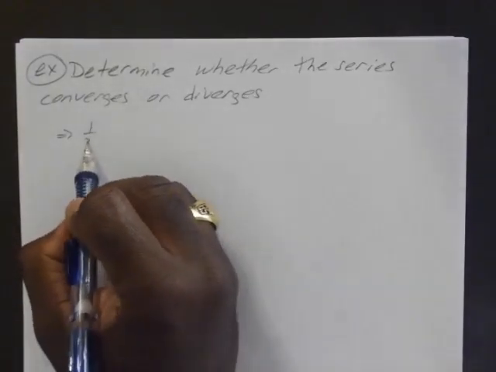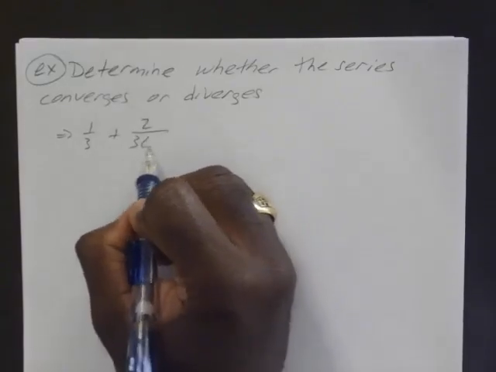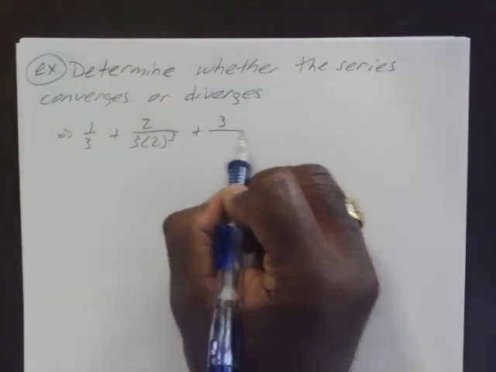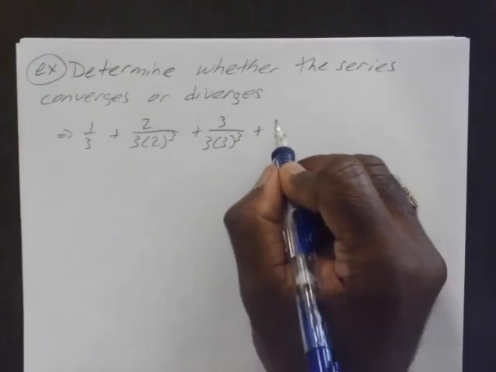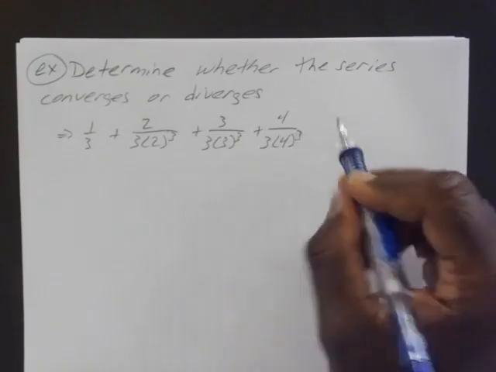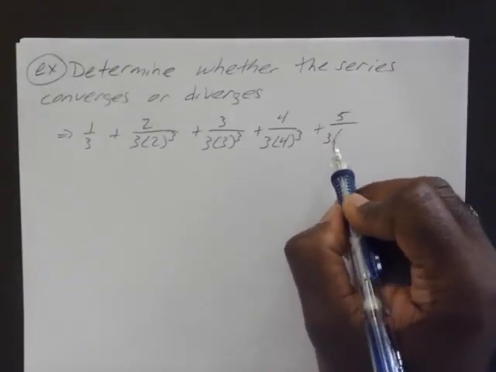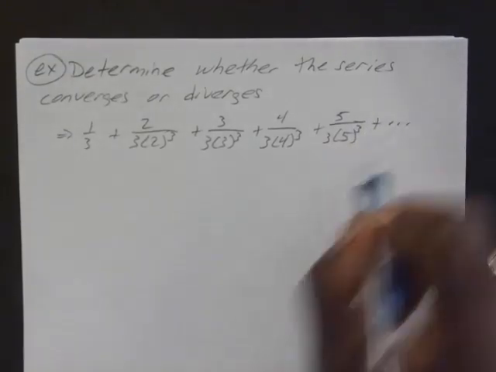And we have 1/3 plus 2 divided by 3 times 2 to the third power plus 3 divided by 3 times 3 to the third power plus 4 divided by 3 times 4 to the third power plus 5 divided by 3 times 5 to the third power, and it keeps on going in that pattern.